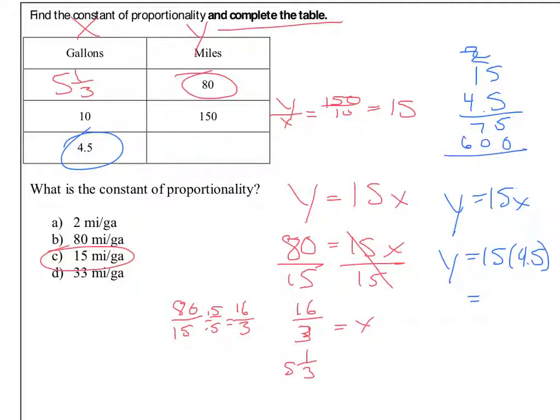One decimal place, so I'm going to get 67.5 miles. We should be able to go 67.5 miles on 4.5 gallons of gas. And that should make sense to us because this is less than the 5 1/3 gallons that we had up here. So we should be able to go less than 80 miles. And that makes sense.